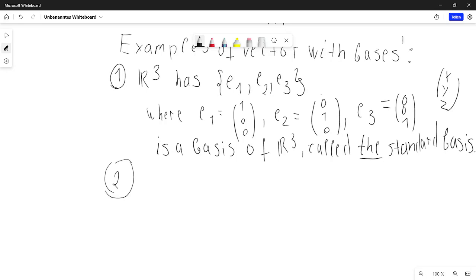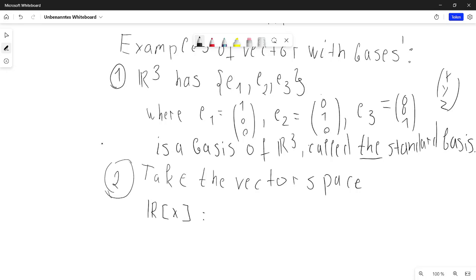So that's boring. But let's take the vector space R of x, which we define simply as a formal sum.